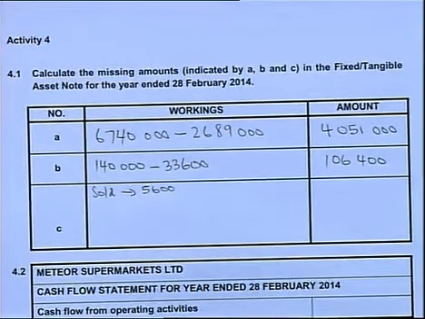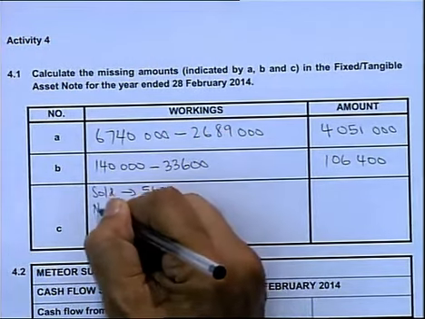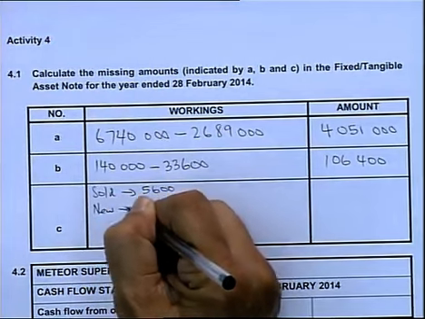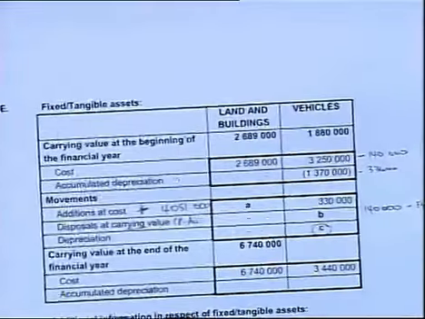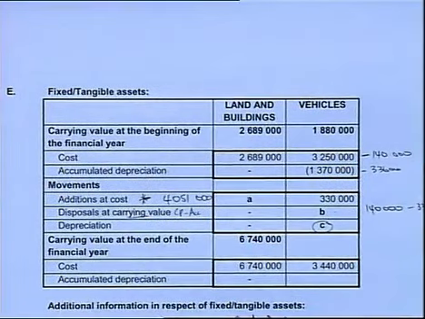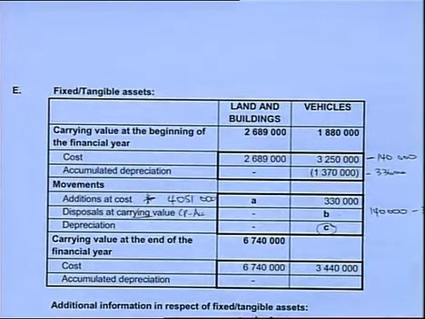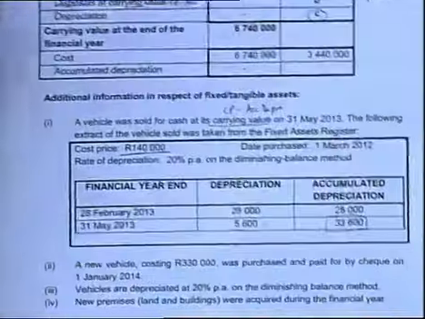Then also the question says that we bought a new vehicle, and the cost price is 330,000. So we need to find out when that vehicle was purchased.